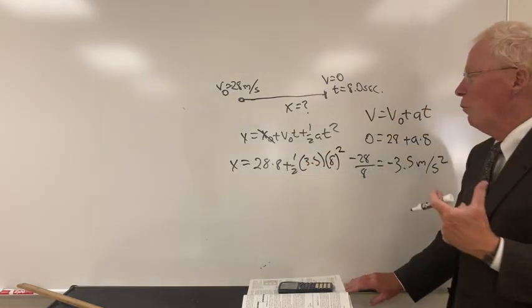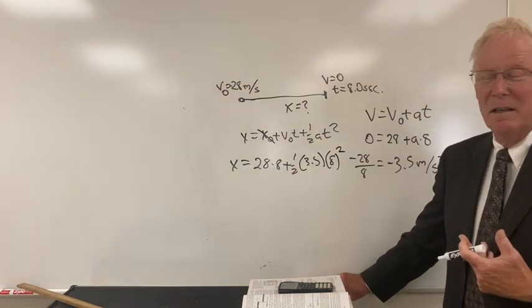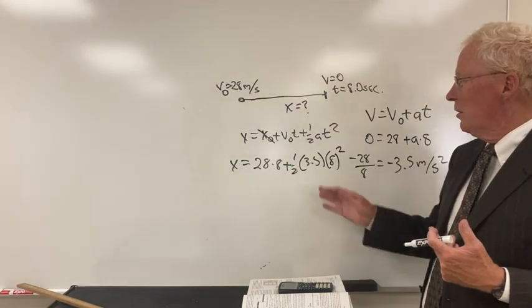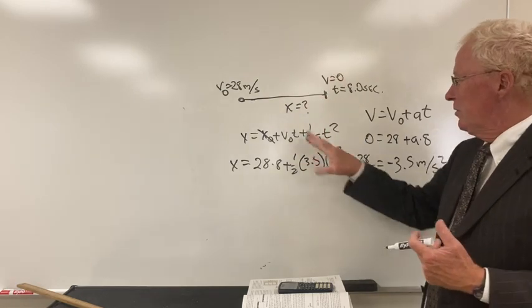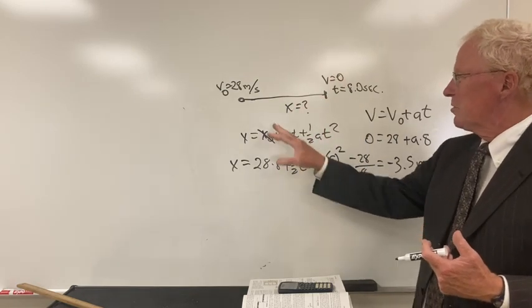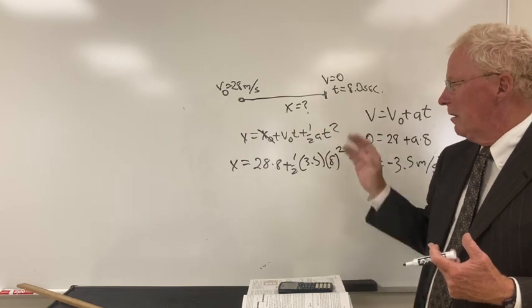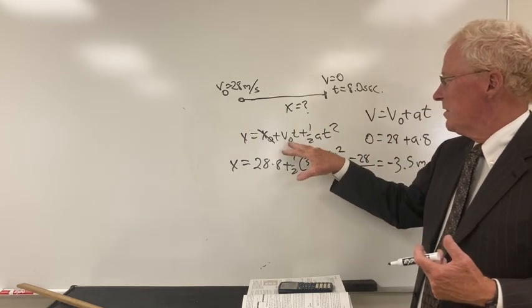Be careful what you are using. It's so common to say, oh, we're starting from rest and accelerating, so we just use this part. Well, no, that's not true. We're starting from a certain speed and slowing down, so this is not 0.